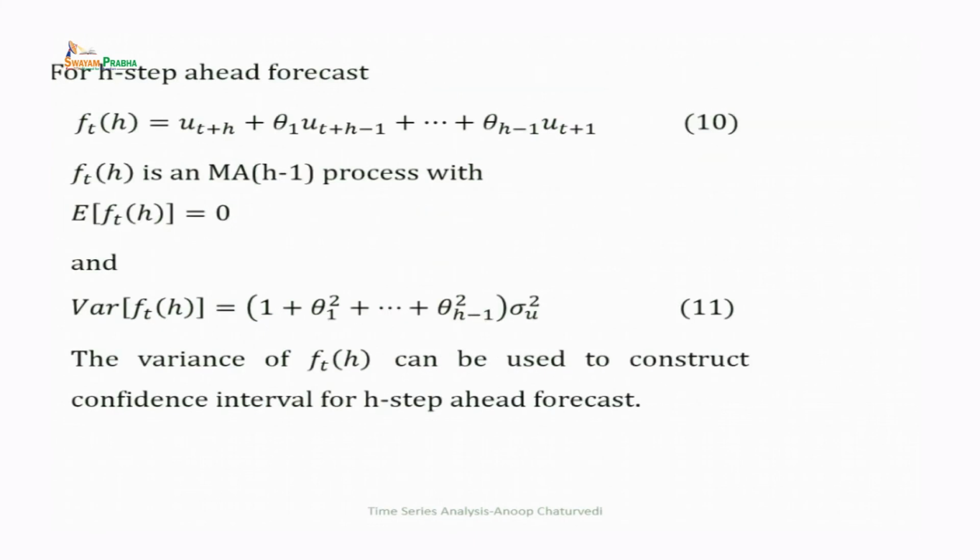For h step ahead forecast, f_t(h) is equal to u_{t+h} plus theta 1 u_{t+h-1} and so on, plus theta_{h-1} u_{t+1}. Again this f_t(h) is just like an MA(h-1) process, its expectation is 0 and variance is equal to (1 plus theta 1 square and so on plus theta_{h-1} square) sigma square u.